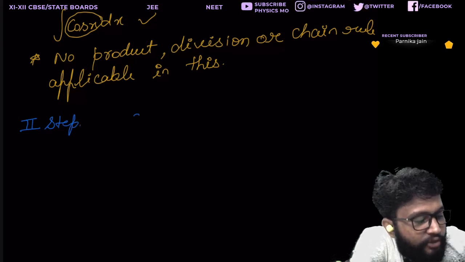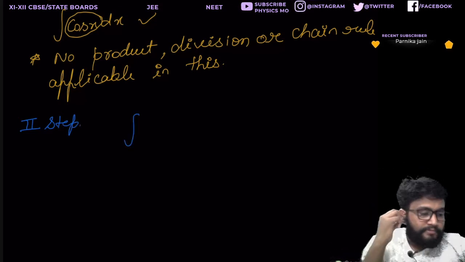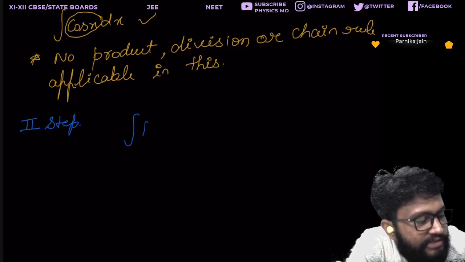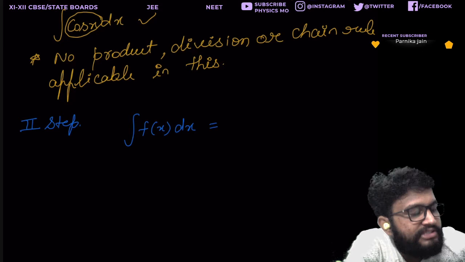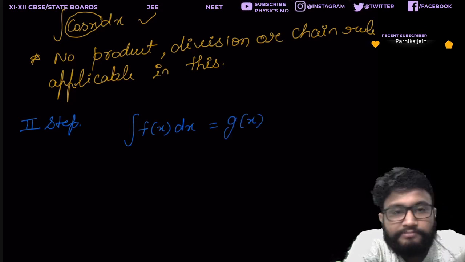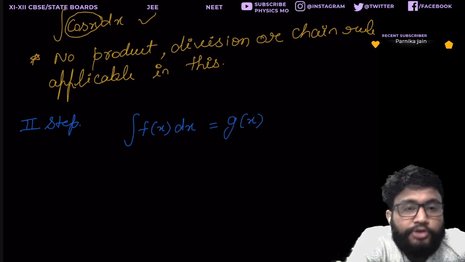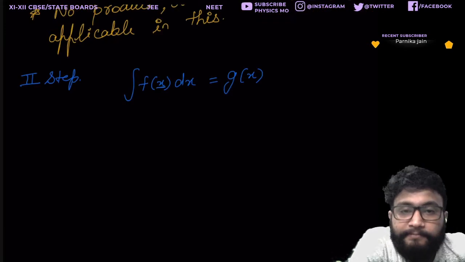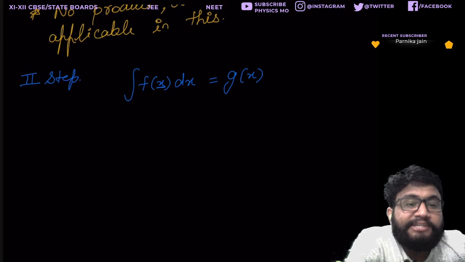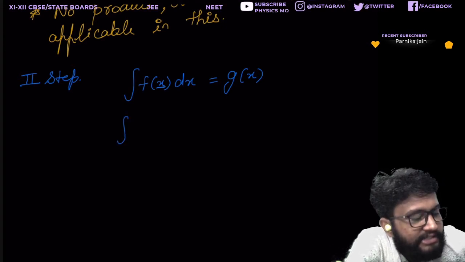just see if your integration for some function which was fx और आपने उसे इंटीग्रेट कर दिया था और वो gx के इक्वल था. And now what you have done is you have replaced this x by a linear replacement, which is integration of f of ax plus b type.